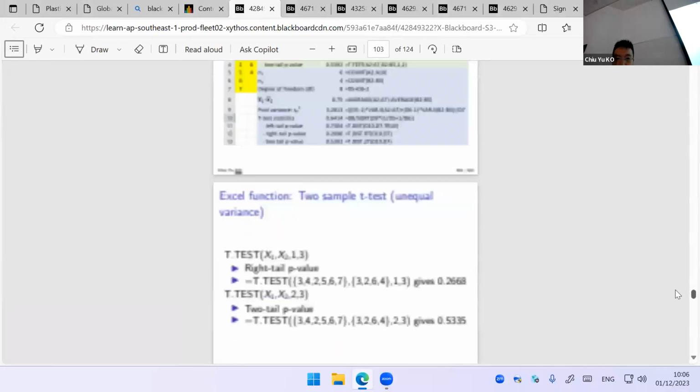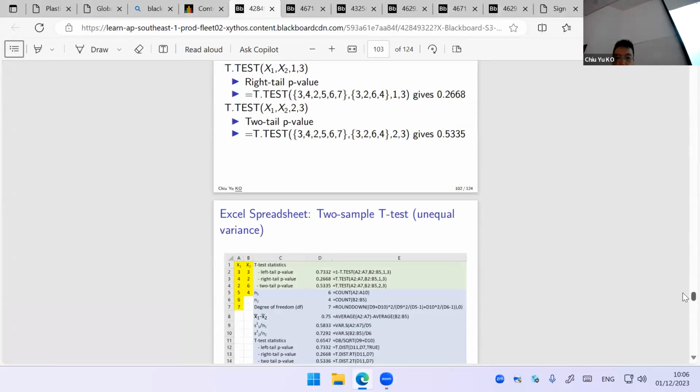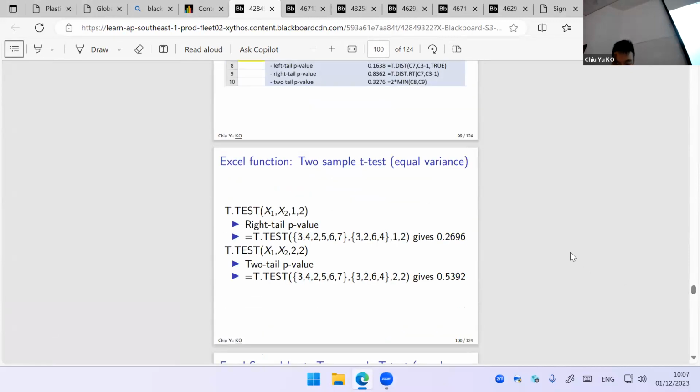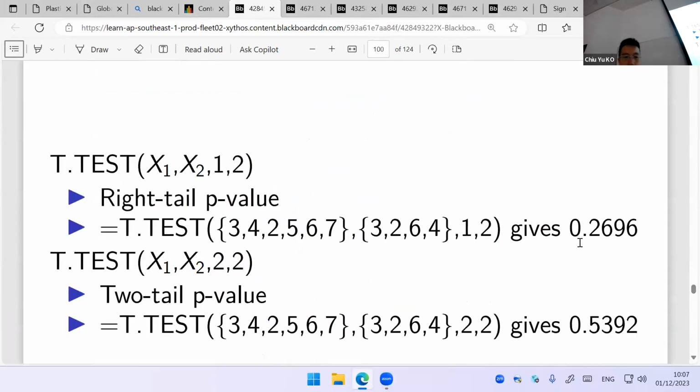You have a 2-sample equal variance, which is here: t-test x1, x2, 1, 2. And do note that this is the right tail. You need to subtract from 1 to get the left tail, okay?